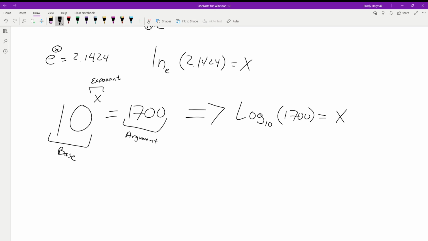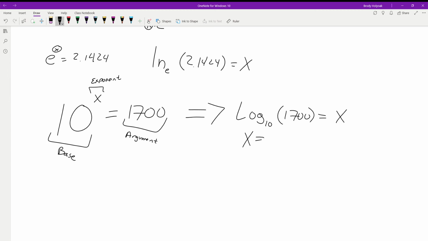Now we can plug this into our calculator: log base 10 of 1700. On mine it gives me a log and then a parenthesis for the argument. So I put in 1700, and it gives me an answer.